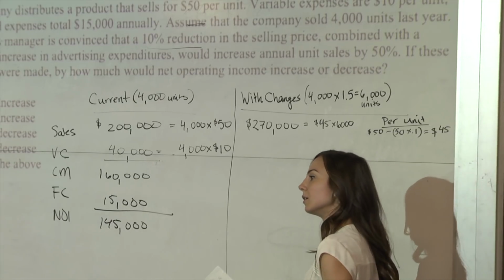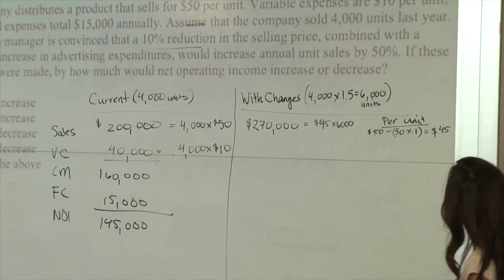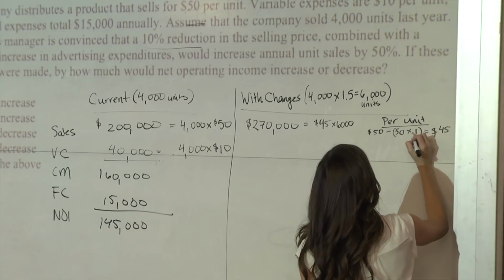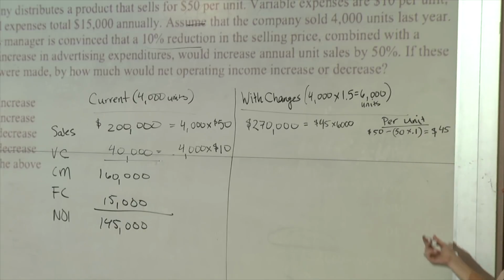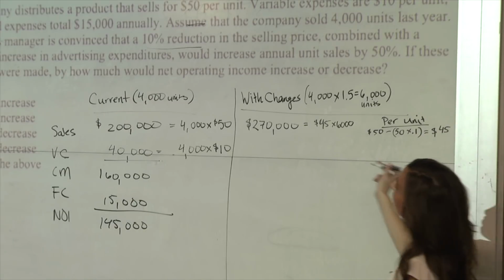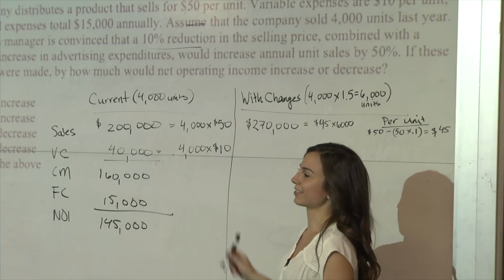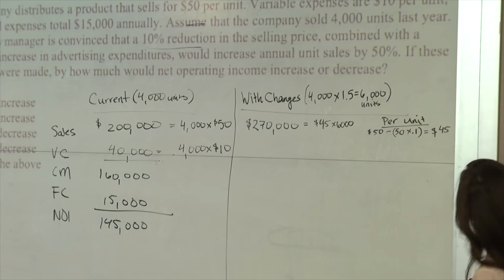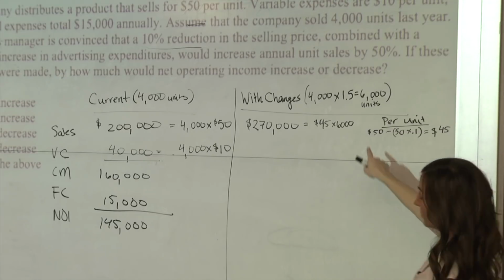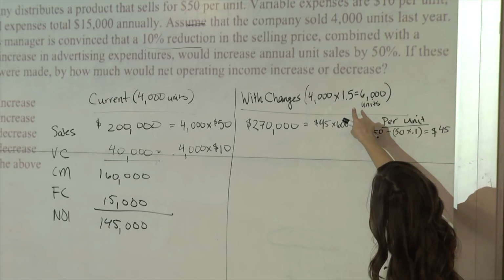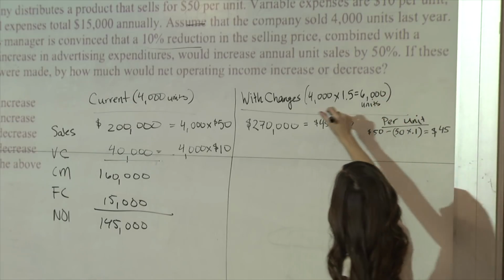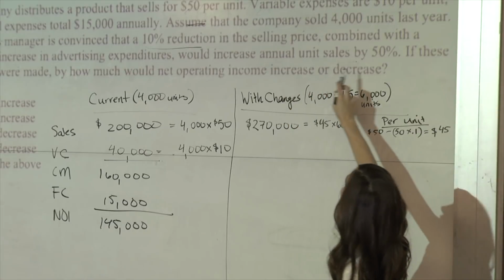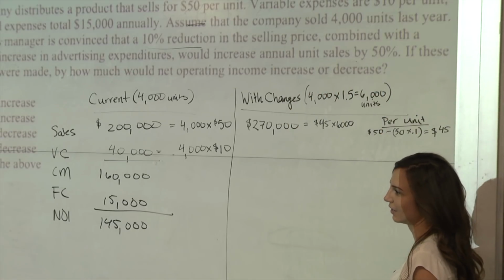Yes? Yes, so it represents 10%. The manager thinks that a 10% reduction in the sales price will help them boost NOI. Yeah, so the 1.5 is representing the fact that with this new situation, we expect annual unit sales to increase by 50%.